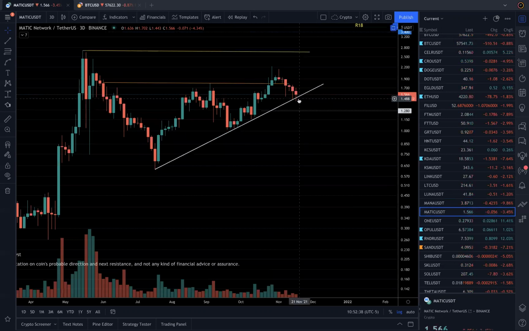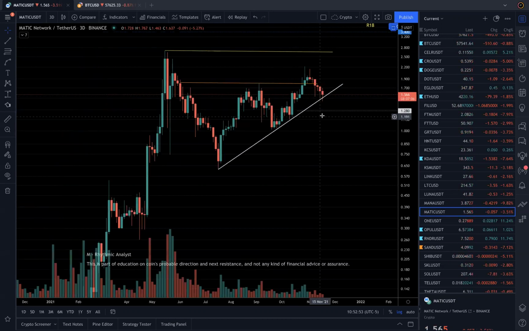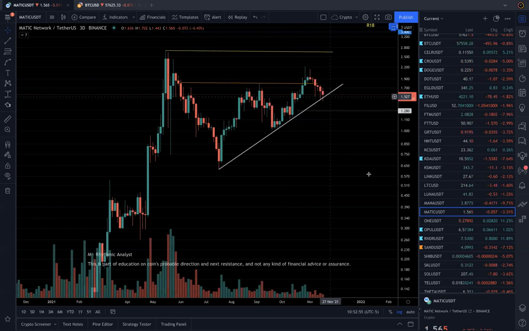Matic has touched the trend line. That means it's flashing a red signal. So 1.28 is the support. Consider this as a warning from Matic. It's at risk. At this moment, on edge, I would say.